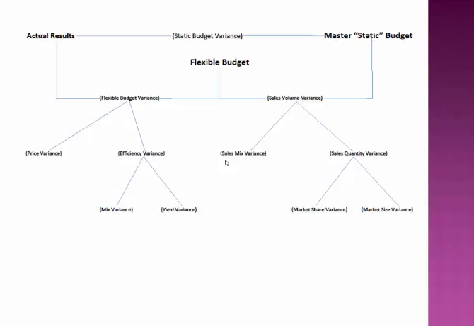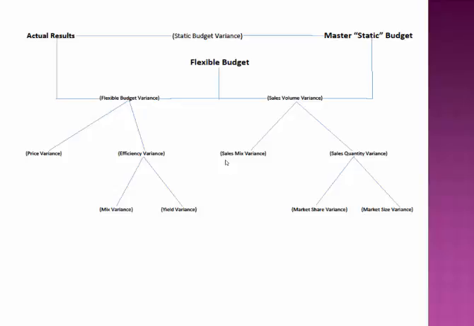And what about vice versa? An unfavorable sales mix variance would arise if the actual sales mix shifts towards the products with the lowest contribution margin.